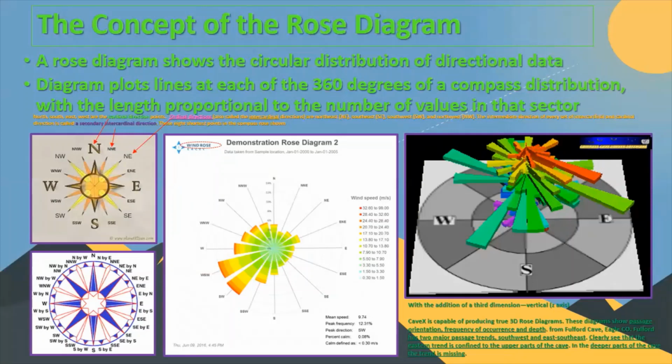But the value of this is, immediately you can use your eyes to see for this location, and it happens to be a time frame of January 2000 to January 2005 for some sample location. Doesn't matter where it is for this example, but you can see predominantly the winds coming from the southwest component.